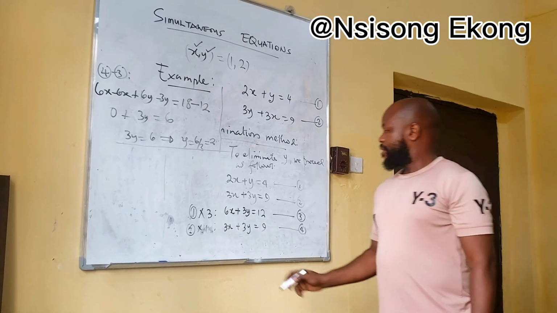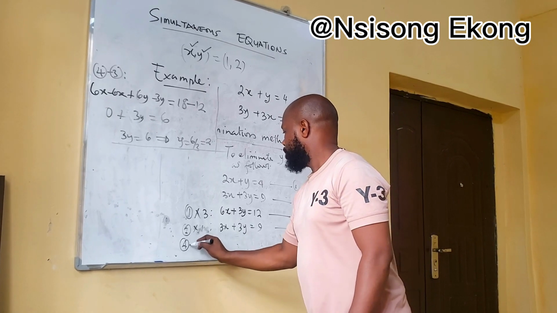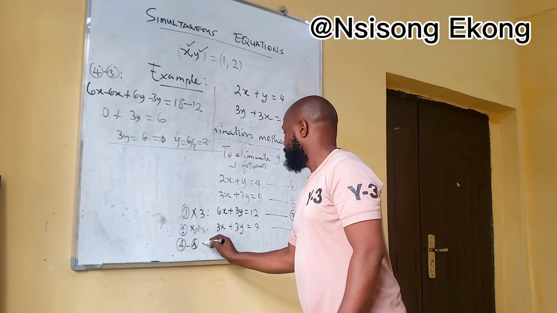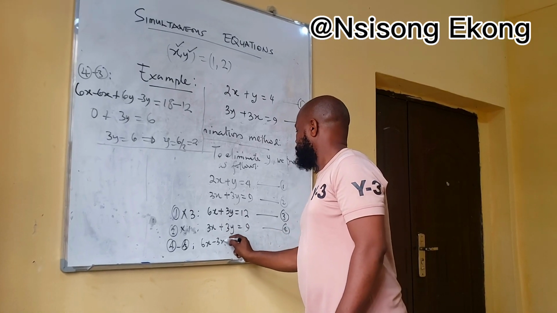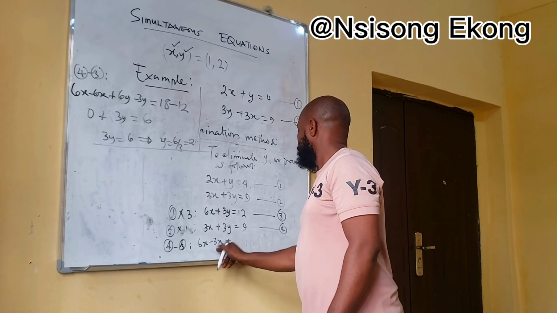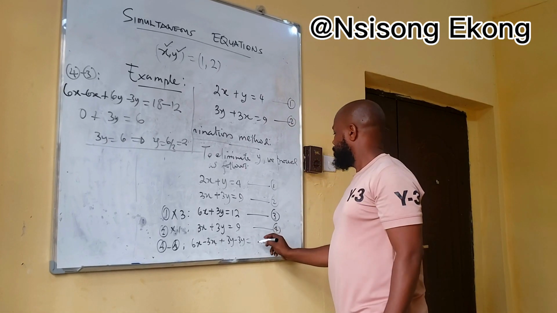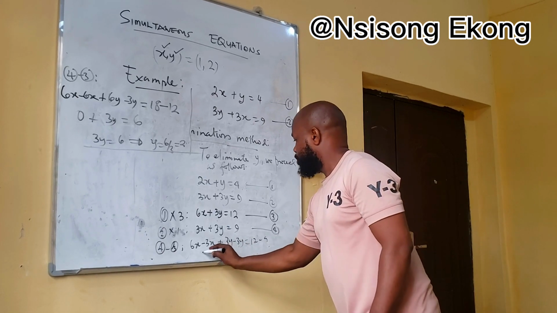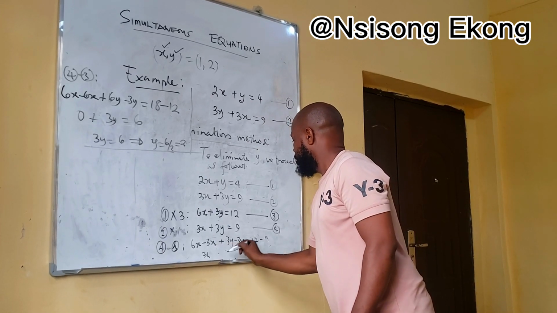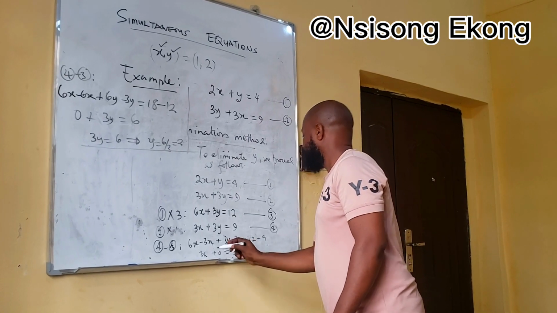So we now subtract equation 3 from 4. Equation 4 minus equation 3. We have 6x minus 3x plus 3y minus 3y equals 12 minus 9. And this will give us 3x, and this will be 0, equals 3.